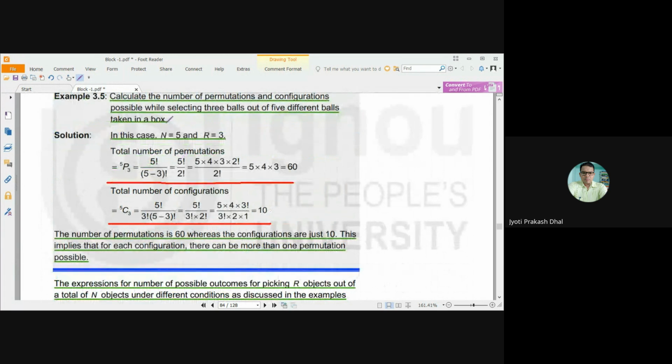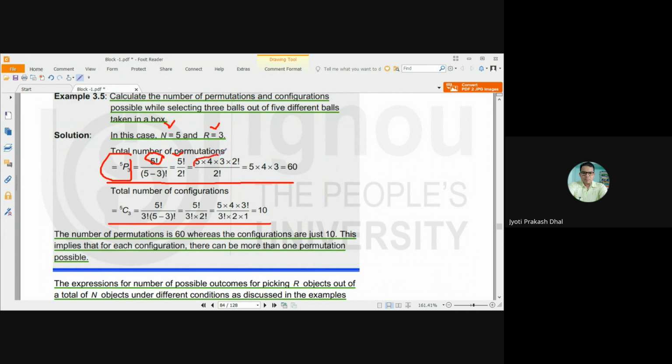So here n equals 5, r equals 3, and the total number of permutations will be 5P3, which equals 5 factorial divided by 5 minus 3 factorial, which equals 5 factorial by 2 factorial.